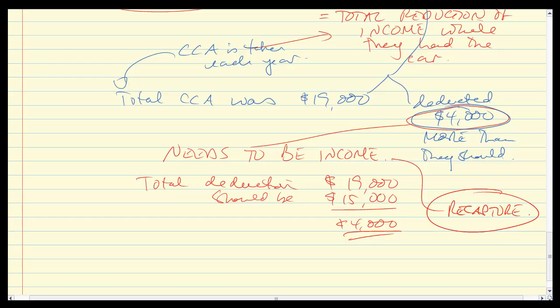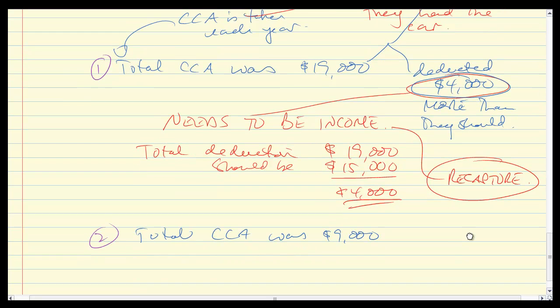Okay? Now what if it went the other way? So this is scenario 1. What about in scenario 2, where the total had gone the other way? So the total CCA that they've taken so far was, let's make it easy, $9,000. So what if they'd only taken CCA of $9,000?